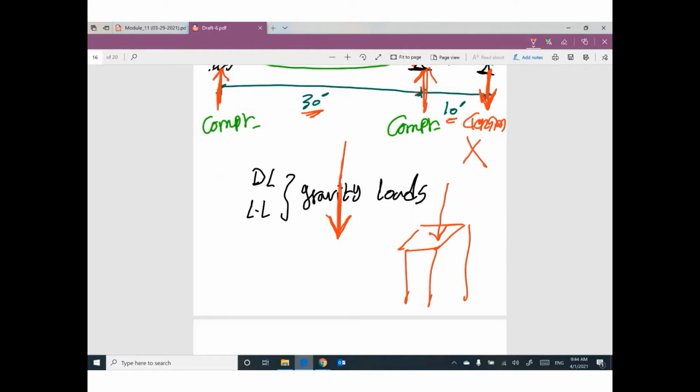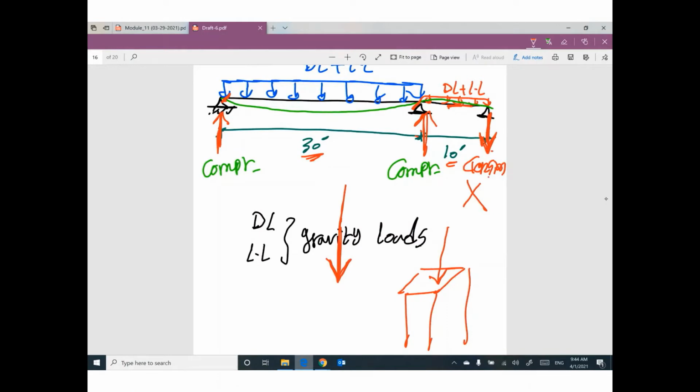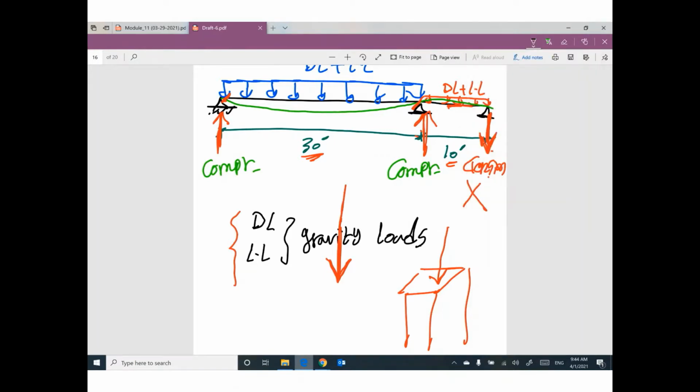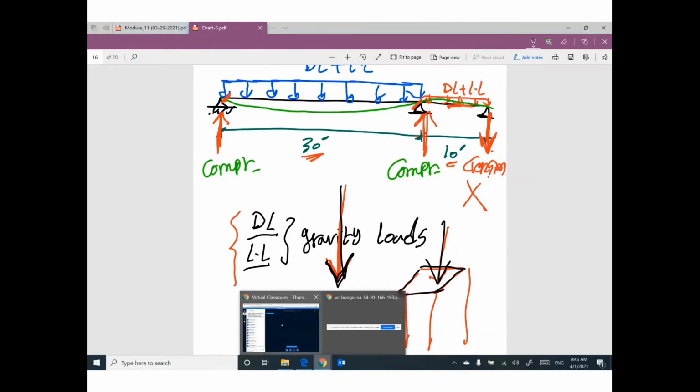If you found a reaction causing tension on the column due to gravity loads, something is wrong in your system: layout of beams, layout of columns, layout of loading, something should be adjusted. That makes sense? As I told you, dead load and live load are named gravity loads. Gravity means downward force. Everything is going down. So your column should be under the effect of compression loads. Does that make sense?